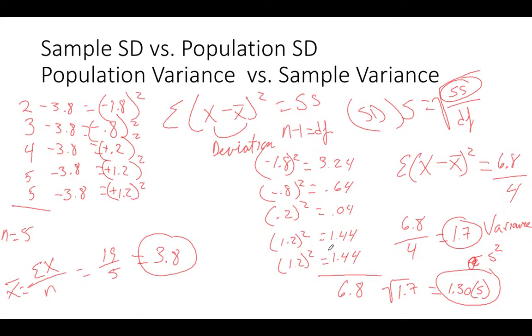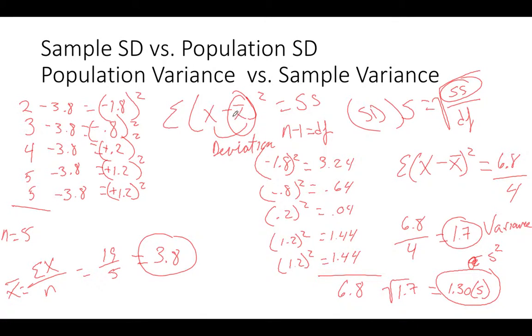So you're probably saying to yourself, great, so what does that mean for me? What does it mean to actually have a value of 1.30 for standard deviation? Remember, what's the purpose of standard deviation? Think of the definition. The definition for standard deviation is, on average, how far do my scores deviate from the mean? Because I'm using the mean as my central point to see the distance between my scores and the mean.